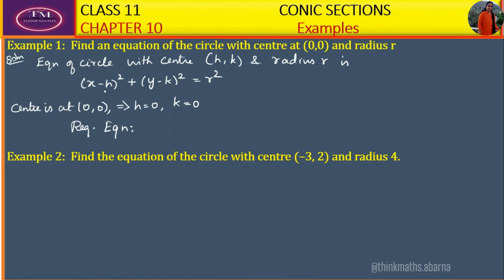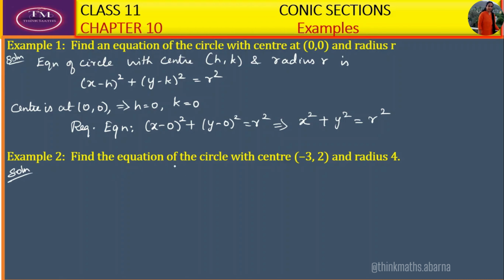We substitute h as 0 and k as 0. So it will be x minus 0 whole square plus y minus 0 whole square equal to r square. So x minus 0 is x, and y minus 0 is y. So you can write x square plus y square equal to r square. This is the equation of the circle with center 0, 0 and radius r.